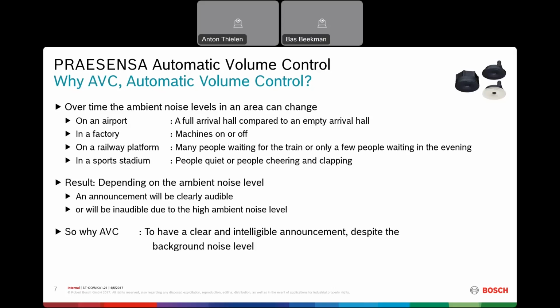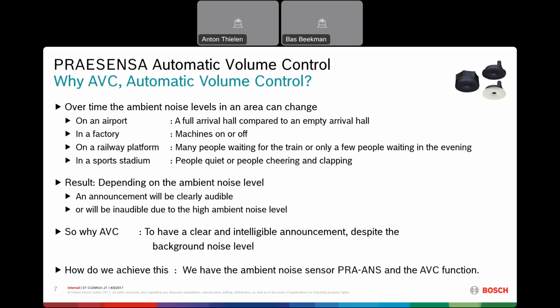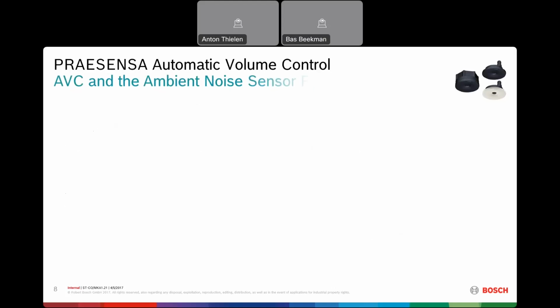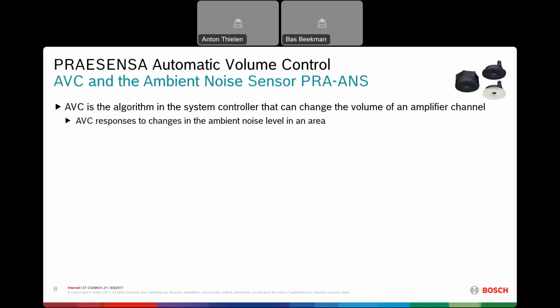So why then AVC? To have a clear and intelligible announcement, despite the background noise level. And how to achieve it? For this we have the ambient noise sensor, the ANS, and the AVC, the automatic volume control function in PRAESENSA. AVC is the algorithm in the system controller of PRAESENSA that can change the volume of an amplifier channel.